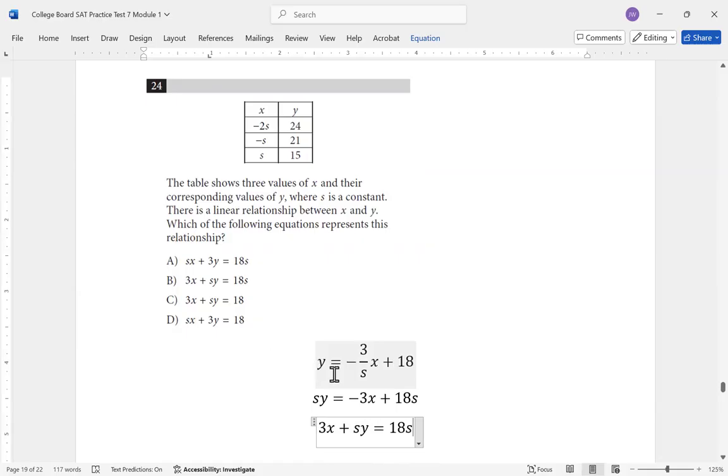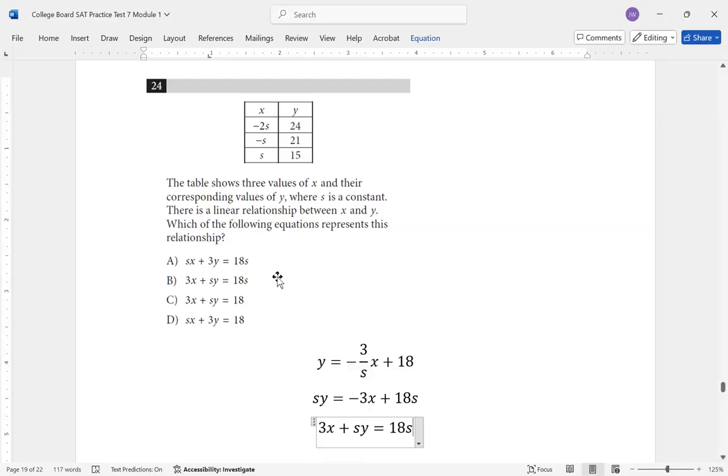Again, I found the slope-intercept form of the line and then translated it into the line I want. You could have also plugged in values, ordered pairs, and seen which ones give you true statements.